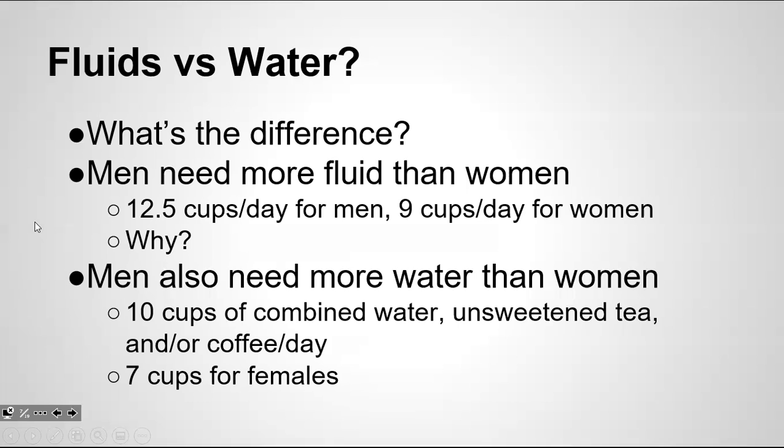Whether you're a salty sweater or not will determine the concentration of the salts in there. Well, if I keep drinking water throughout the race, that's good. I'm replacing the water lost, but am I replacing my electrolytes? No. So you see how that can create a very dangerous imbalance.